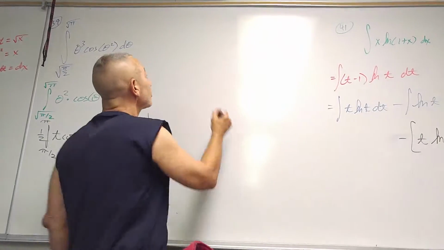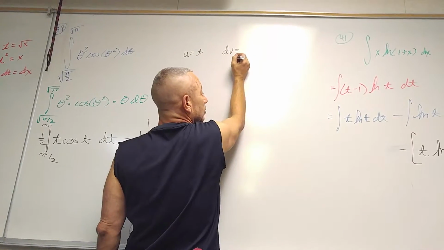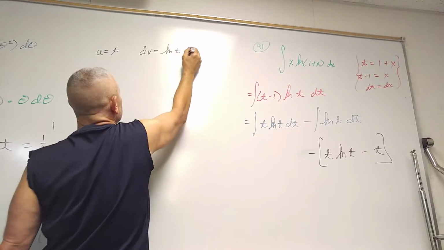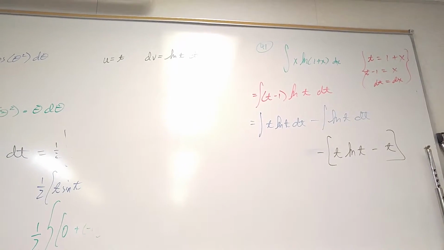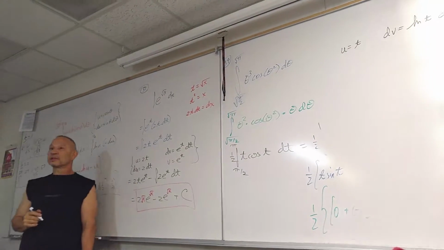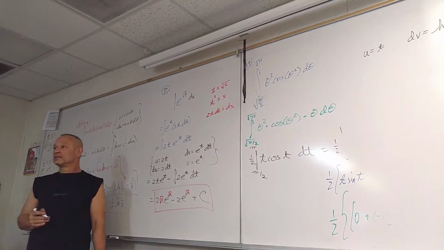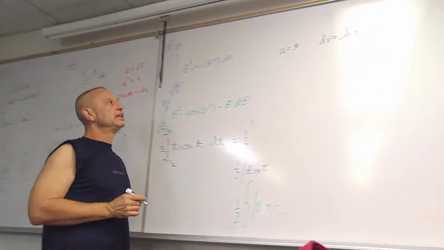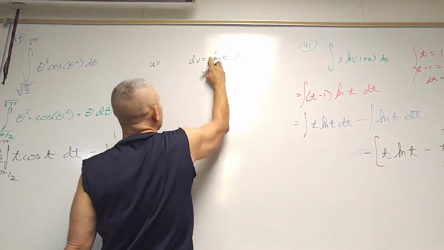But this one, integration by parts. Let's let u equal t, dv equal ln t dt. You like that? Is that a good choice? Well, notice you have to integrate dv. So that doesn't look that good because I don't like that integral. Let's try swapping this around the other way.